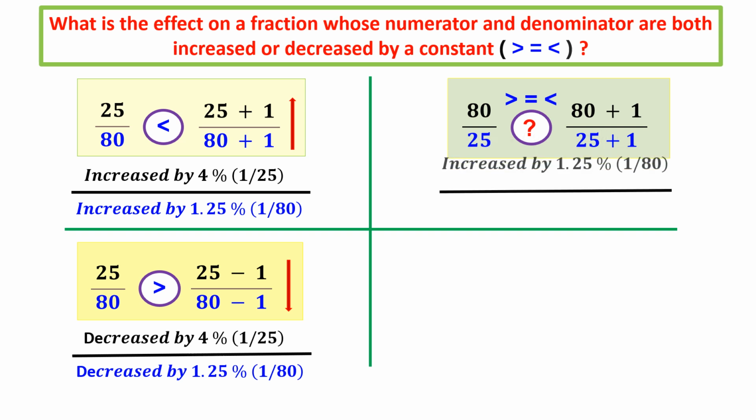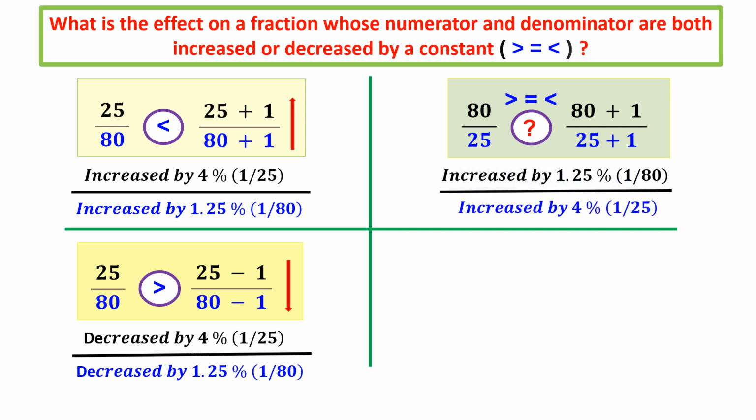We see that the numerator has been increased by 1 over 80, which is 1.25%. The denominator has been increased by 4%, so the fraction has become less.